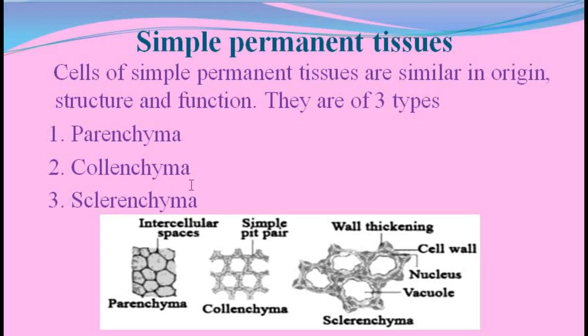The second type is called collenchyma. Collenchyma is the mechanical tissue where there is a thickening only in the corners. And the third type of simple permanent tissue is called sclerenchyma. Sclerenchyma is a dead mechanical tissue where there is the secondary wall thickening with lignin.